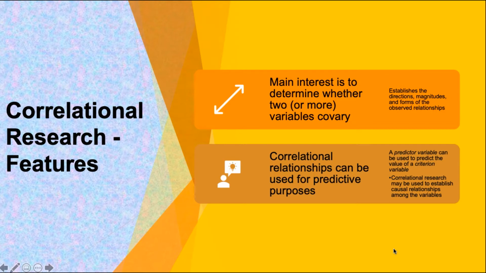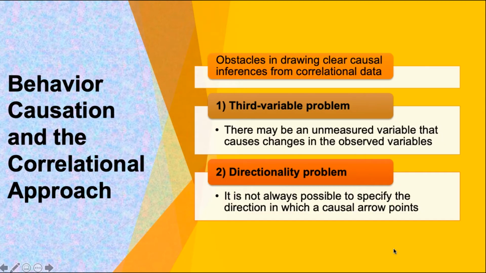According to the findings of this study, the more an adolescent was exposed to violent online video games, the more likely it was that he or she would be a bully, or both a bully and a victim of bullying. So here you can see how we establish the relationship between two variables.